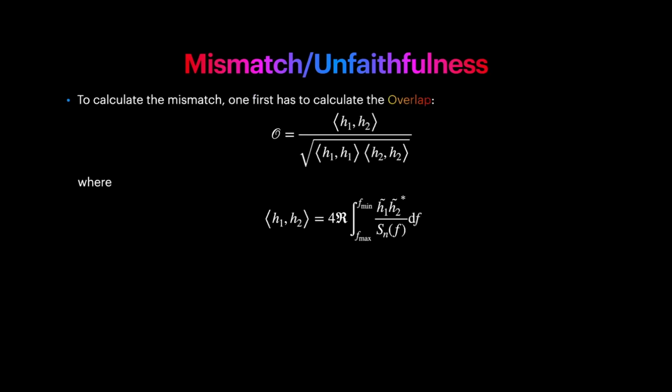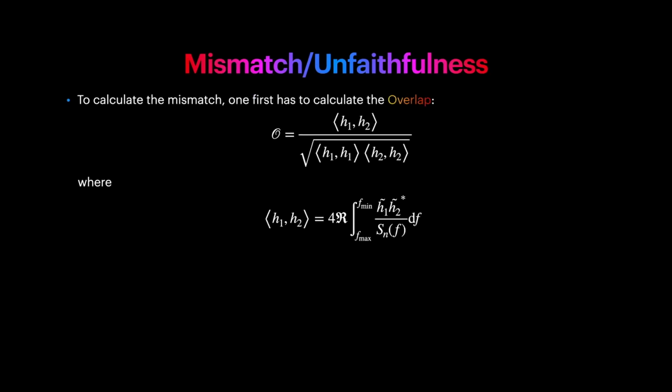For this, we use the mismatch or unfaithfulness of the two gravitational waveforms, which is a familiar thing for those who work in signal processing.